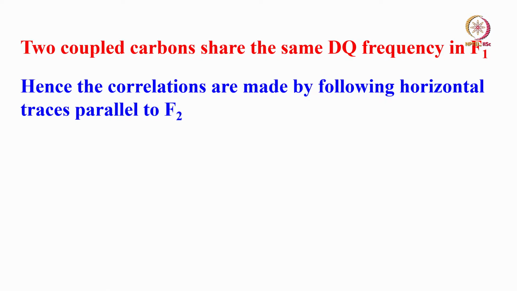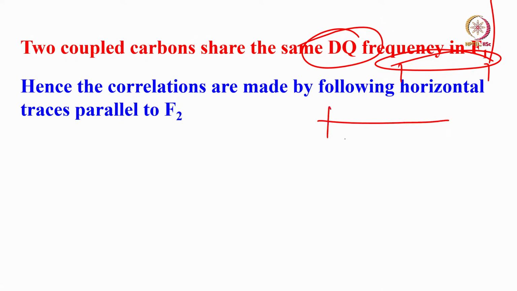Now, the biggest thing you should understand is that the 2 coupled carbons share the same double quantum frequency. The 2 carbons have 2 chemical shift positions, but in the F1 dimension they share the same DQ frequency. Hence, you can make the correlation by horizontal traces.